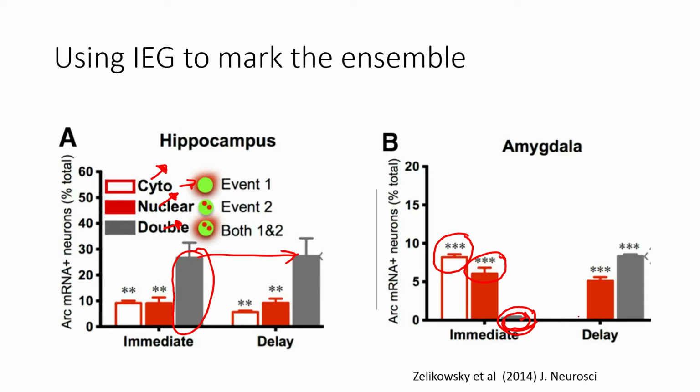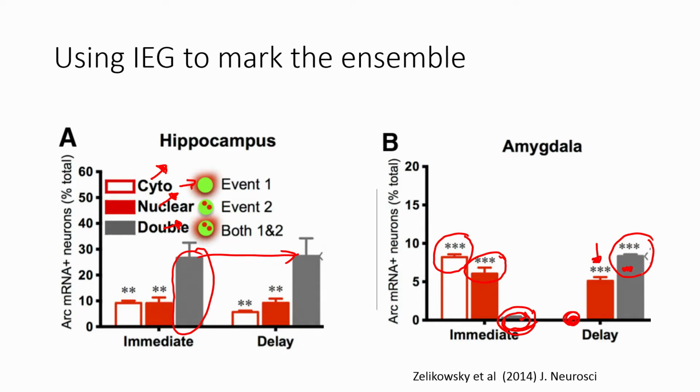On the other hand, in the delay conditioning, what you see is almost nothing at all during the training. If you are asking about the retrieval, you see a considerable fraction of neurons that are coming on, while all of the neurons that were active during the training were also active during the retrieval.